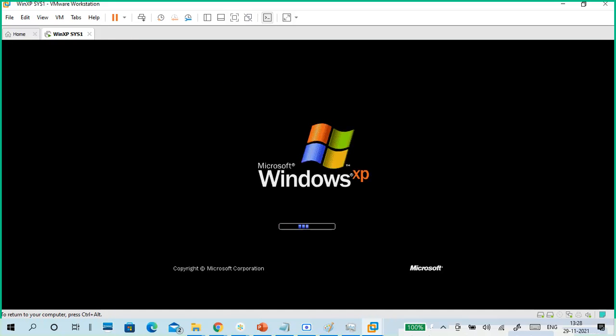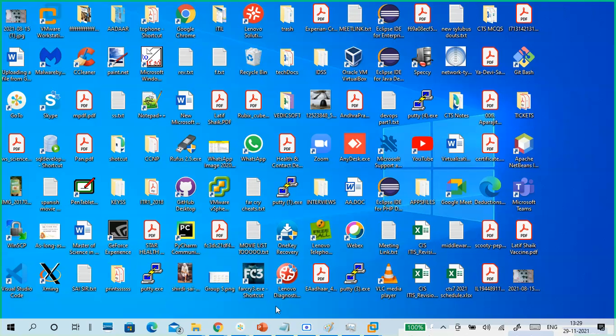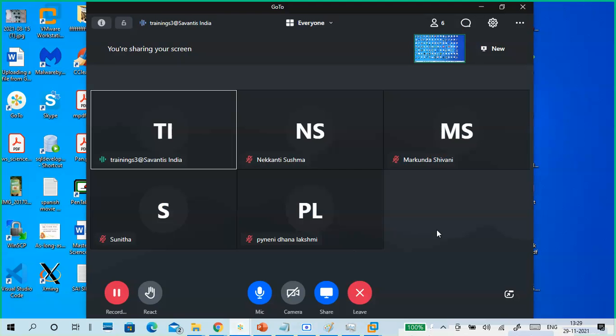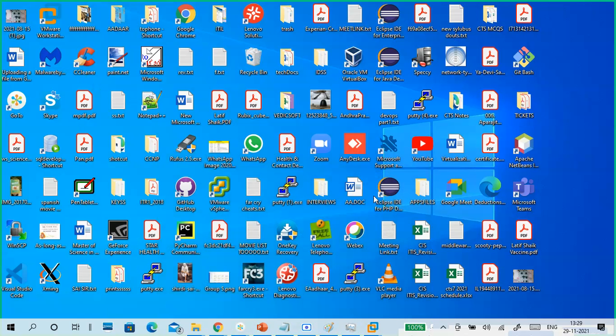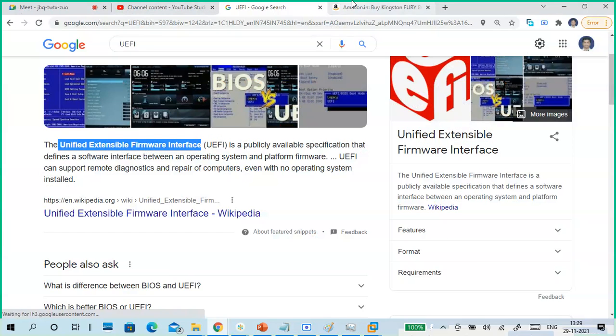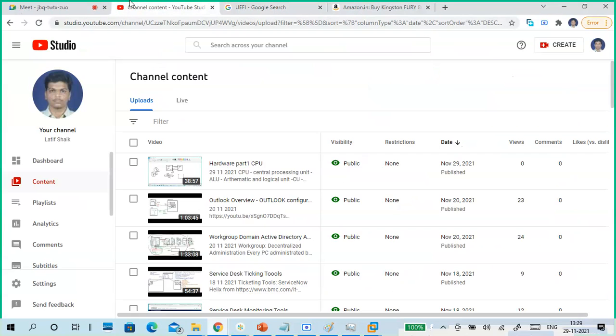So if you see those options at the bottom of VMware, then you'll understand that when you start your PC or a laptop, you may get that information. So obviously, you know how to go to the BIOS setting also. If you don't understand how to go to it, don't do it. You can try it later. There are a lot of options available to go to the BIOS setting.